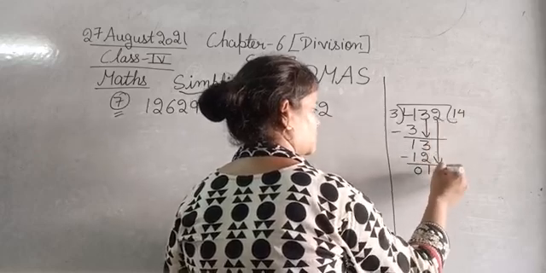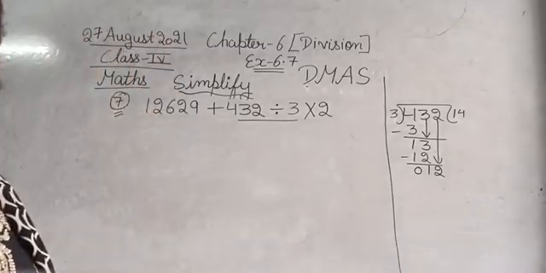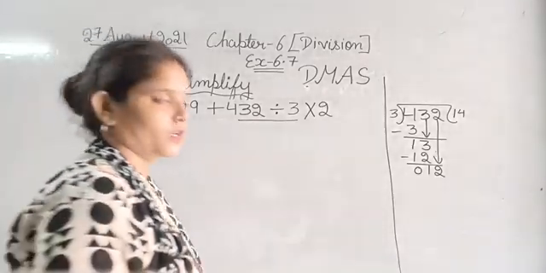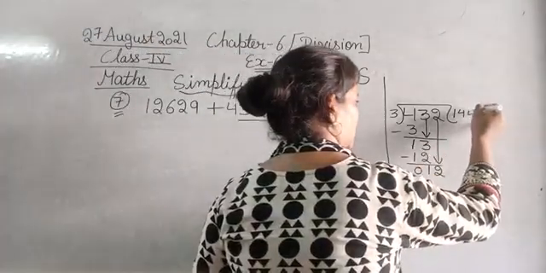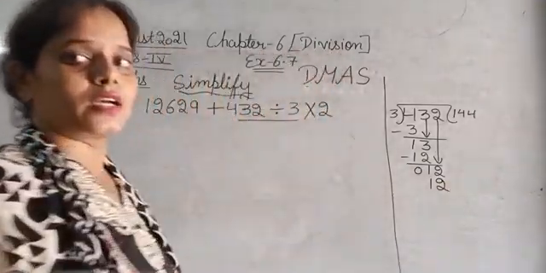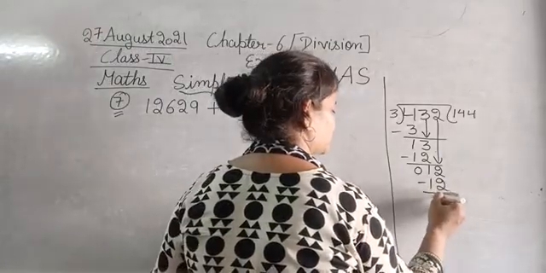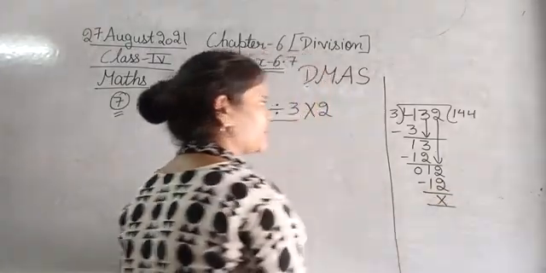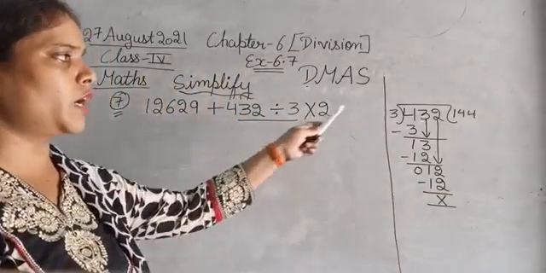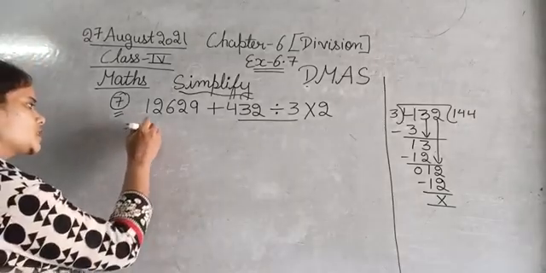Bring down 2. The number is 12. So 12 divided by 3, 3 fours are 12. 12 minus 12, nothing is left. So after dividing 432 with 3, we got 144.